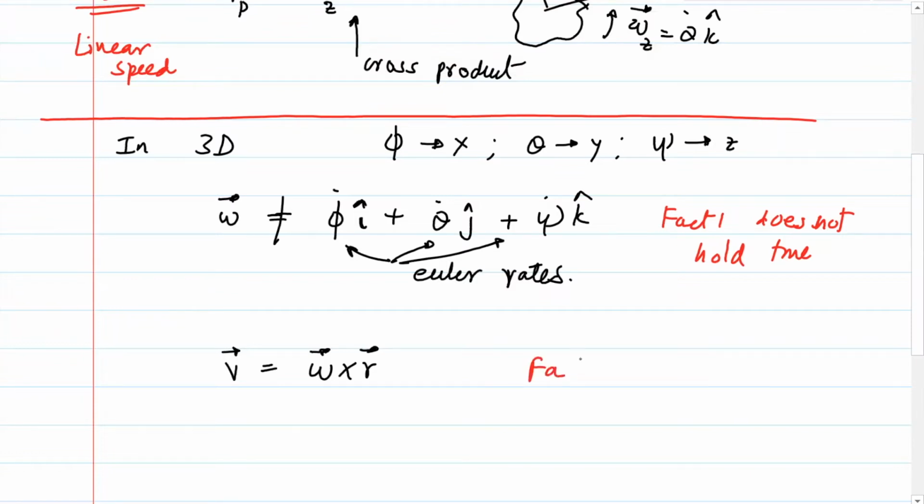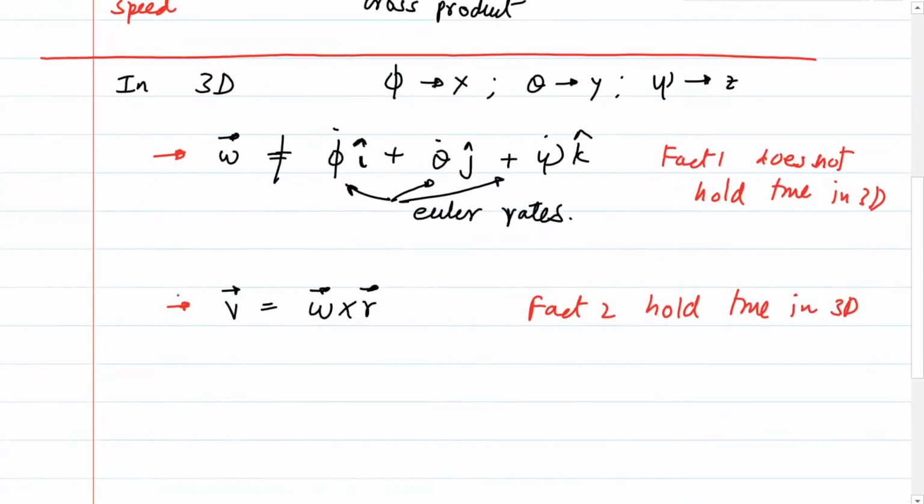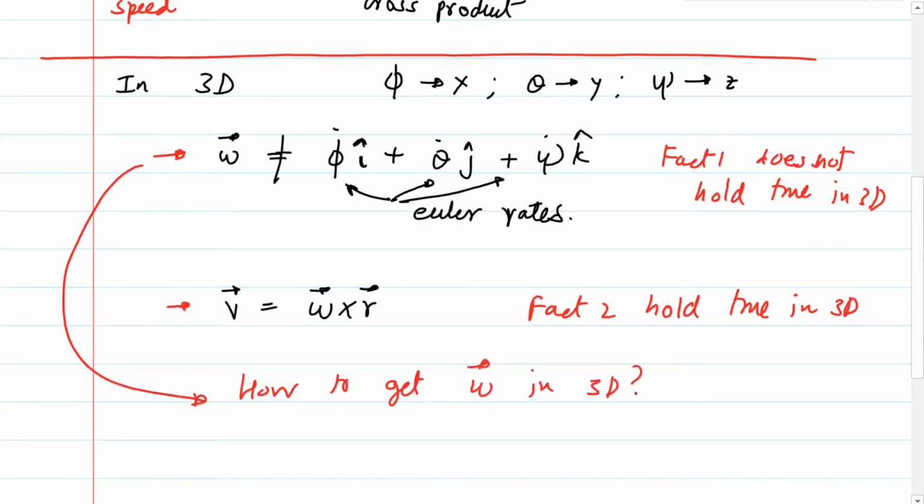So fact 2 holds true in 3D. You can always use V equals omega cross R to find the linear speed in 3 dimensions. So now the question is, if omega is not equal to the rate of change of Euler parameters, how do we get omega in 3D? That's what we're going to go for, getting the angular speed in 3 dimensions.